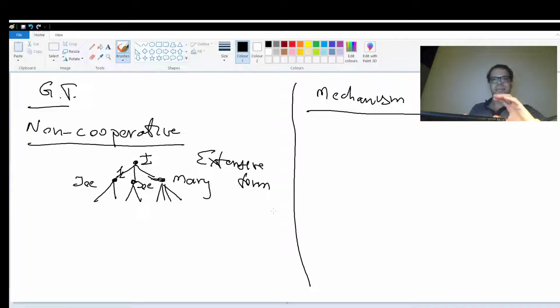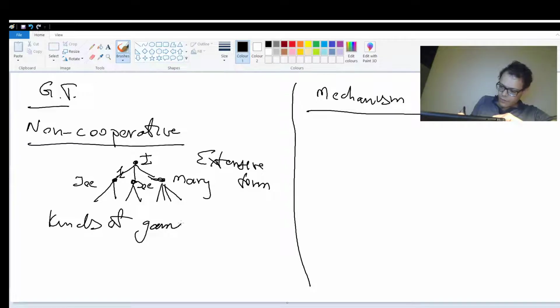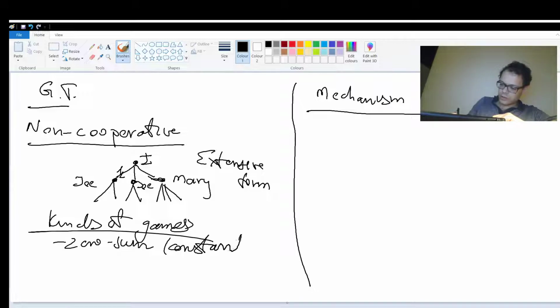But that's an example of a competition. So let me just write kinds of games. For example, zero-sum games, or in general constant sum, so that the total amount of resource is the same, and the question is only how you divide it.